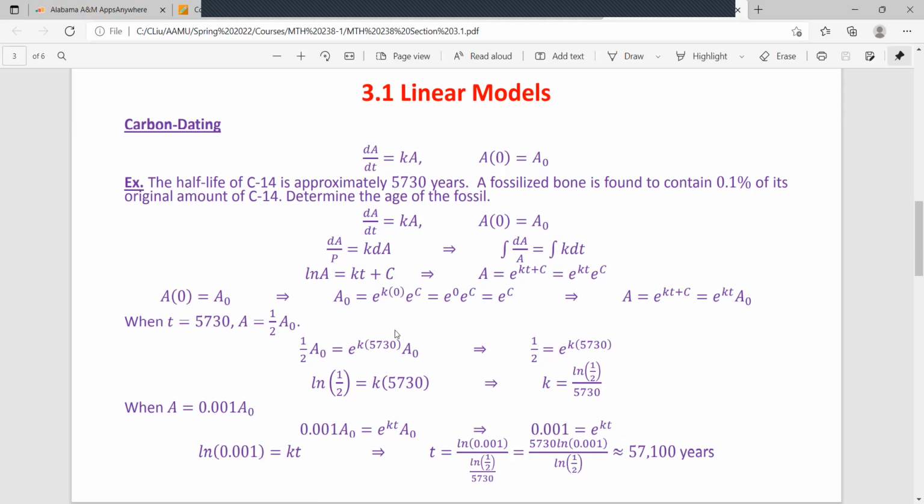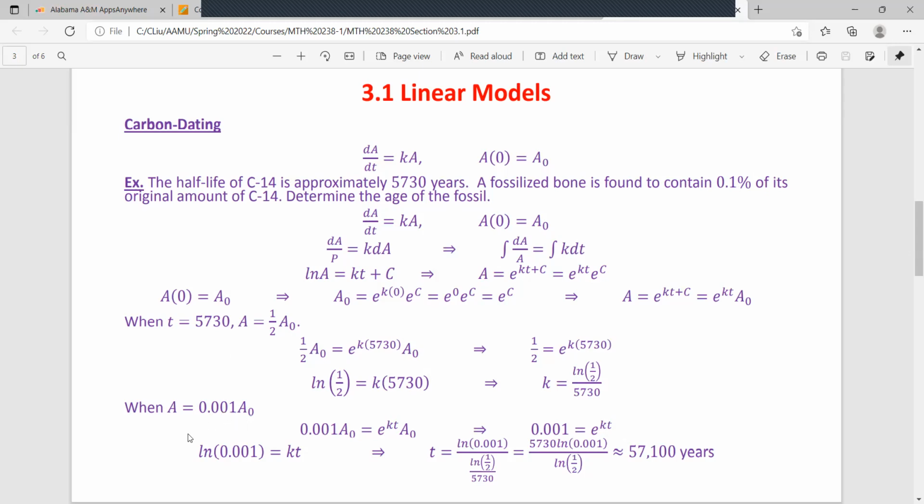So now we can answer the question. We want to know the age of the fossil, or how long it takes for the carbon-14 to decay down to 0.1%. So we want to find what t is when A is 0.1%. 0.1% means 0.1 divided by 100, which is 0.001.